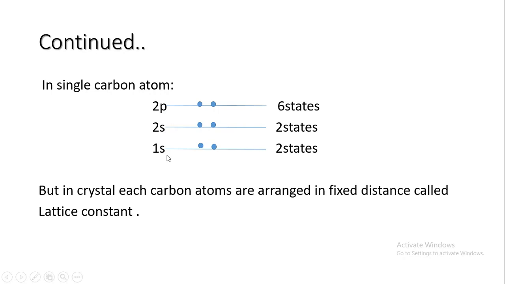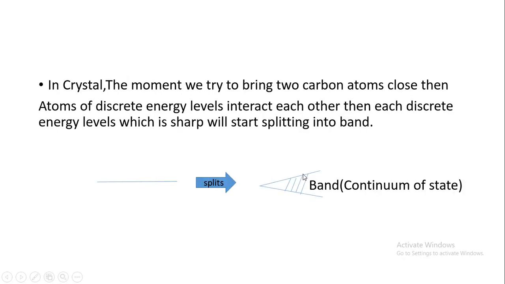So when the atoms with discrete energy levels interact with each other, each discrete energy level, which is sharp, will start splitting into bands. I have shown here this discrete energy level, which is sharp enough, and it will split into bands.